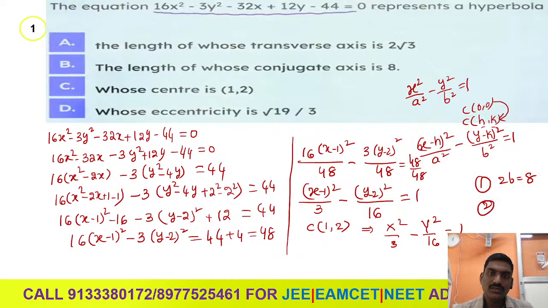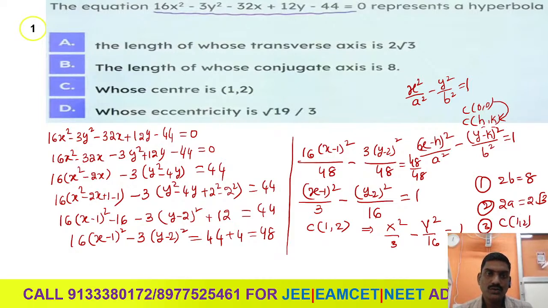And next, the length of whose conjugate axis, that is 2a, which is equal to 2 times the square root of 3. And next, third one, whose center is (1, 2).